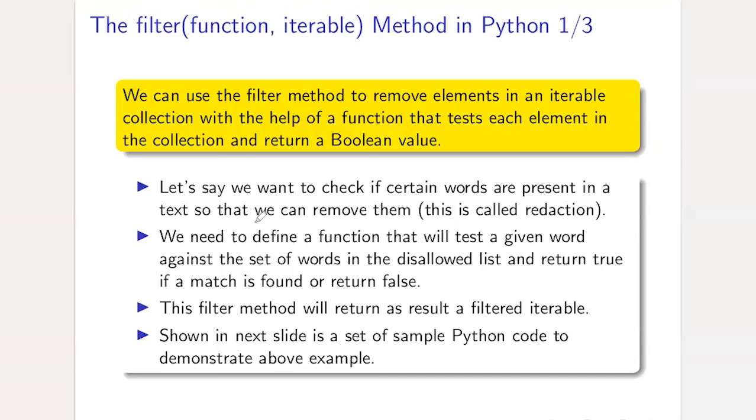So let's say we have a large text, say a Wikipedia page or a government document. You have seen, for example, recently some documents released disclosing certain information by the International Consortium of Investigative Journalists.